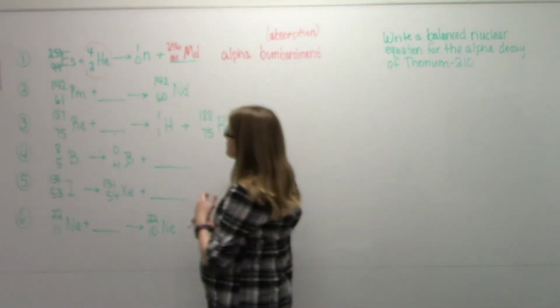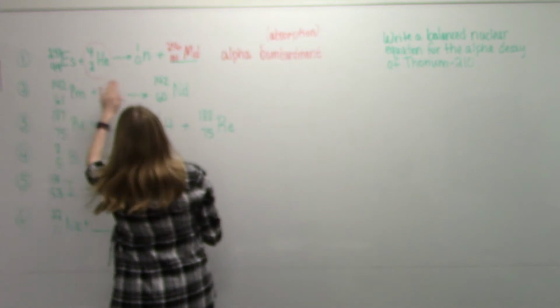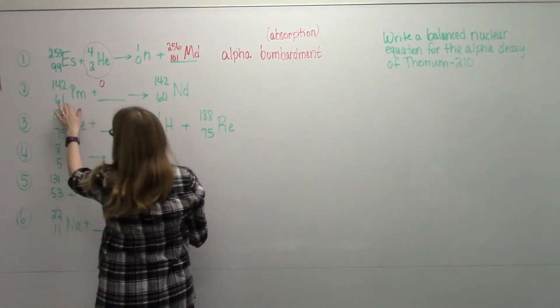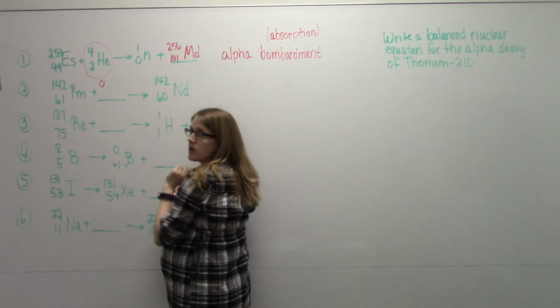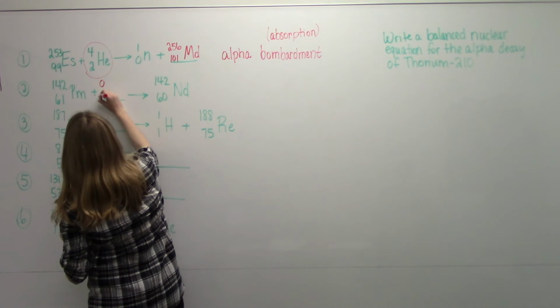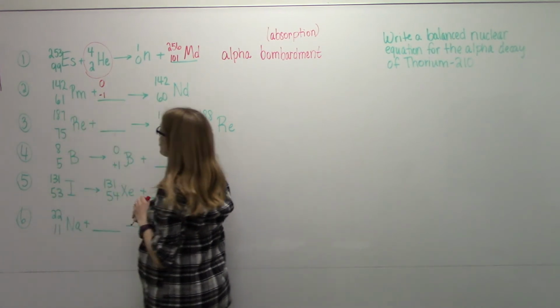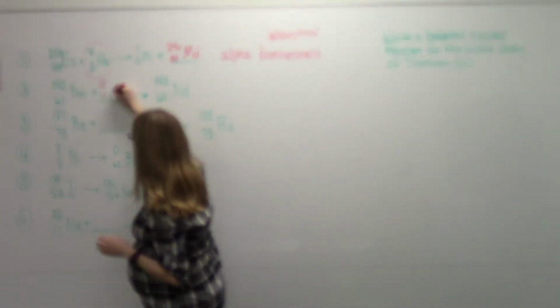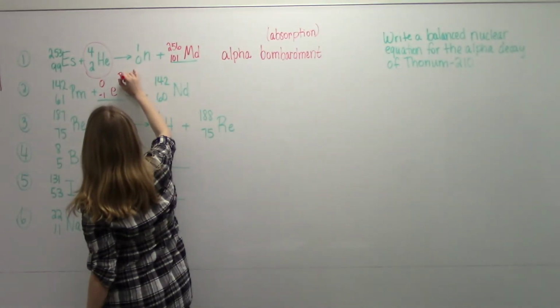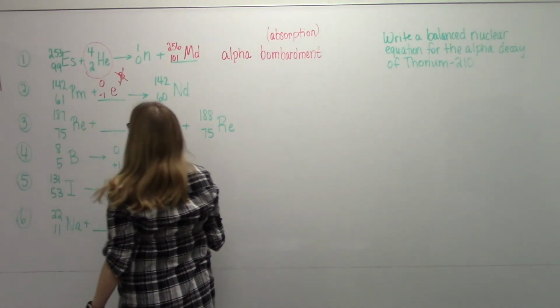Okay, let's do the next one. 142 on the top, 142 on the top. So this needs to be a 0. On this side we have 61, on this side we have 60. So we have one too many over here. That means this needs to be a -1. Now what is that? That is an electron. Now I'm going to tell you, it would be incorrect to put a beta particle there. Why?